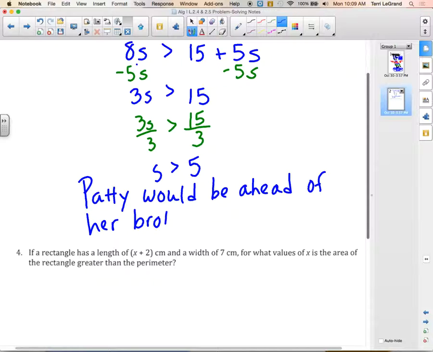So we don't have to make it so long. We could say for up to, so anytime up to 5 seconds, she will be ahead of him. At 5 seconds, they're going to be at the same spot. After 5 seconds, he's in front of her, isn't he? So Patty would be ahead of her brother for up to 5 seconds.